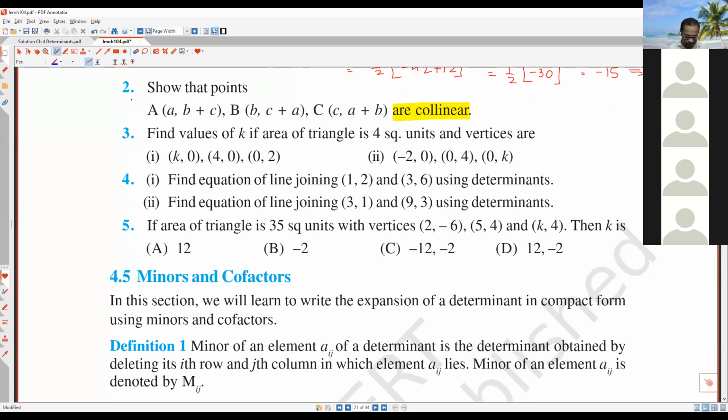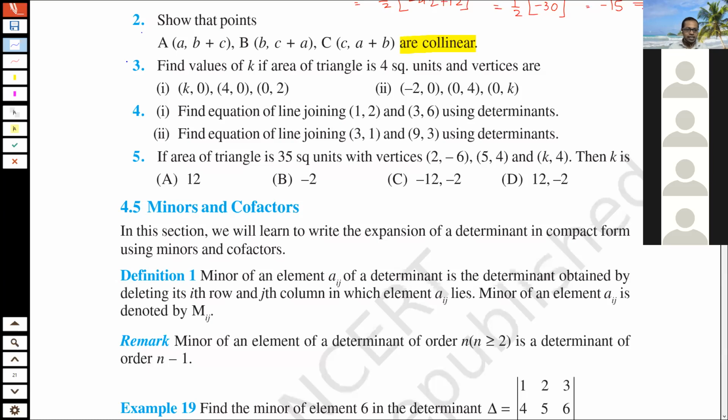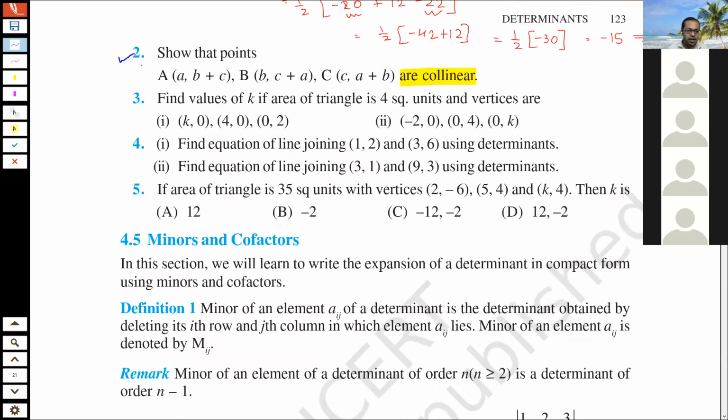Okay. So let me do the full screen. Okay, question number 2 was done. We are in question number 3, correct? Yes, sir. Okay.